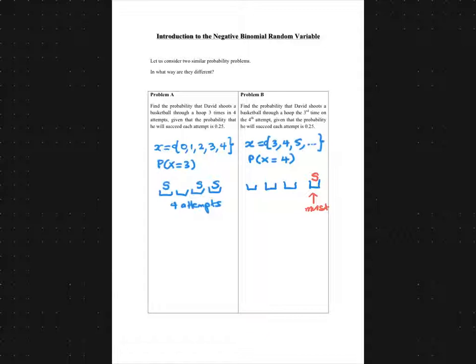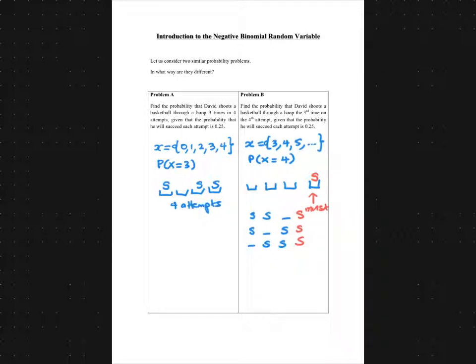For example, we could have the 1st, the 2nd, and not the 3rd, or the 1st, not the 2nd, or the 3rd, or just simply the 2nd and the 3rd. But we must have success on the 4th for all 3 cases.